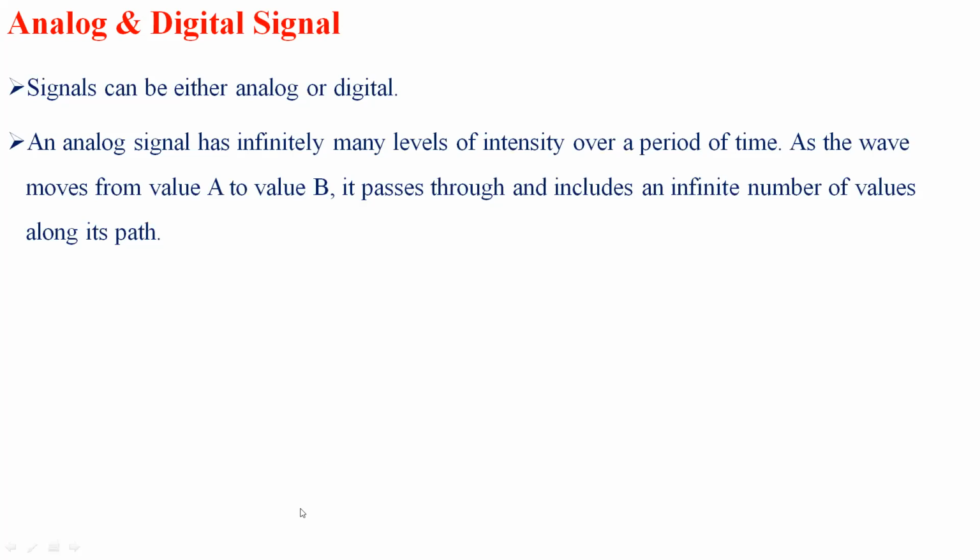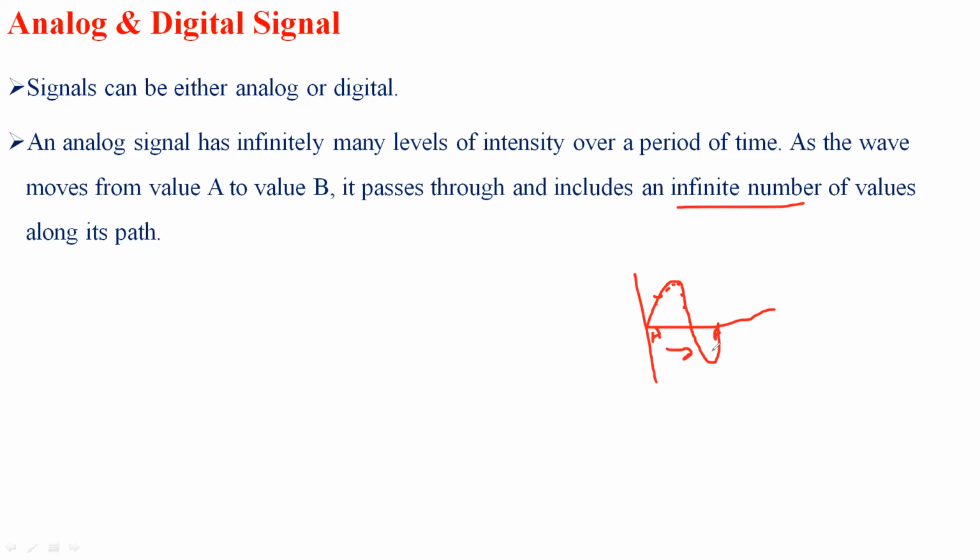Whenever we create a particular wave, for example, if I take this as my representation of signals, this is my A and this is my B. In order to go through like this, it eventually passes through infinitely many values along its path.